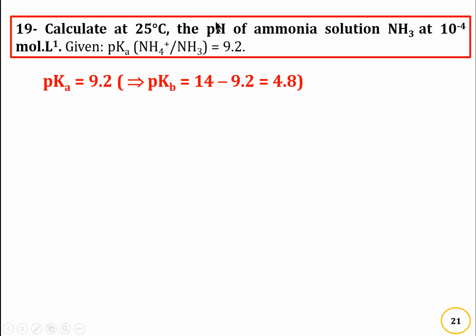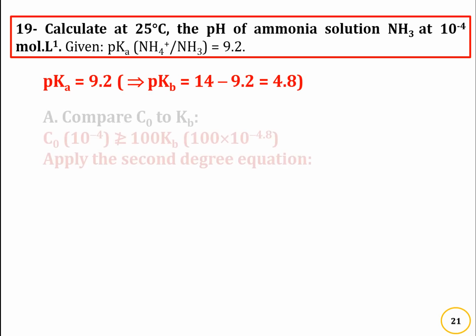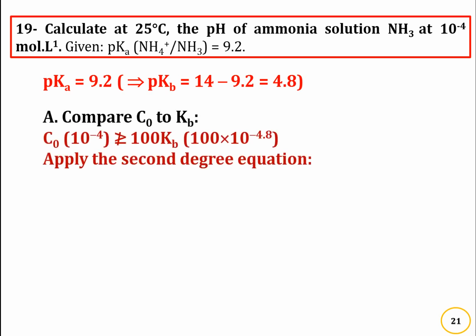We want to calculate the pH of the weak base. We have three formulas according to the domain of validity of the concentration. So now we have to compare the initial concentration of the base ammonia with respect to Kb and not Ka.